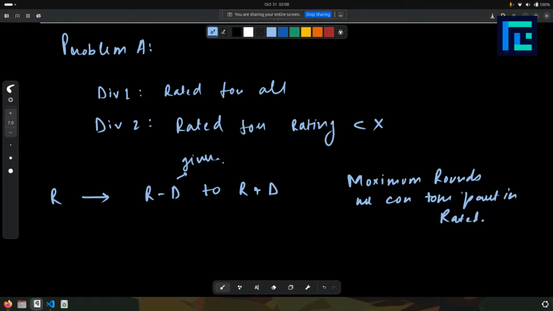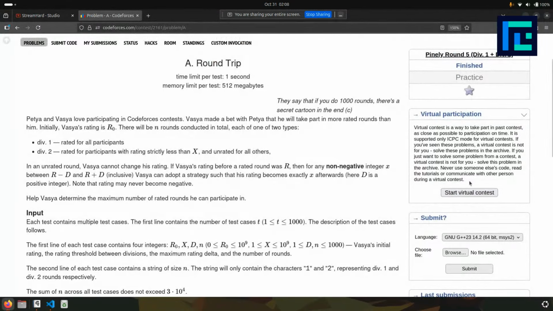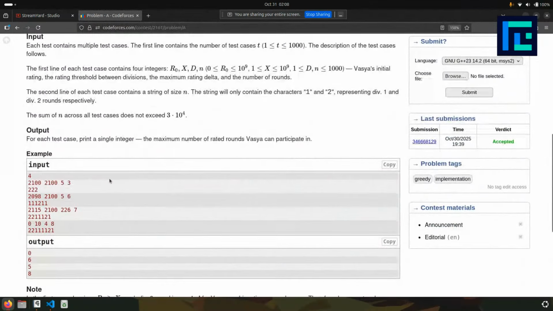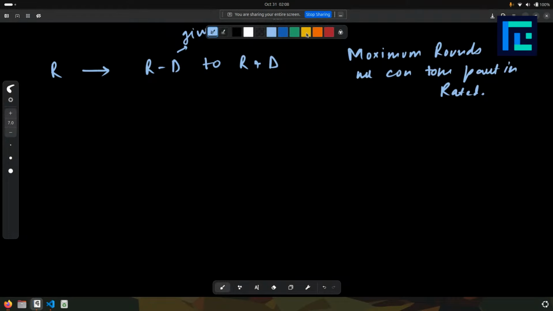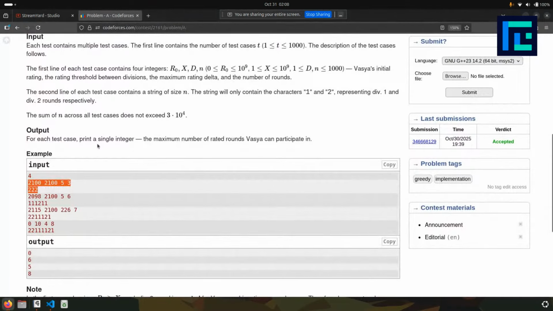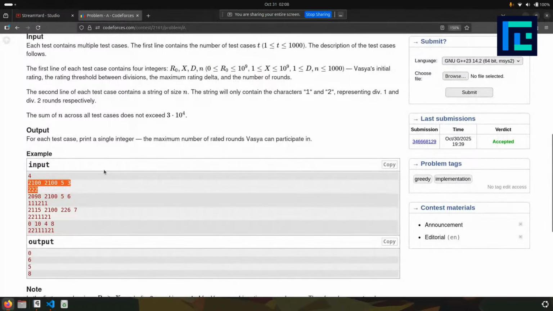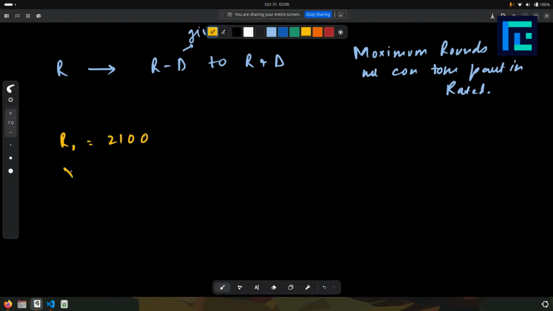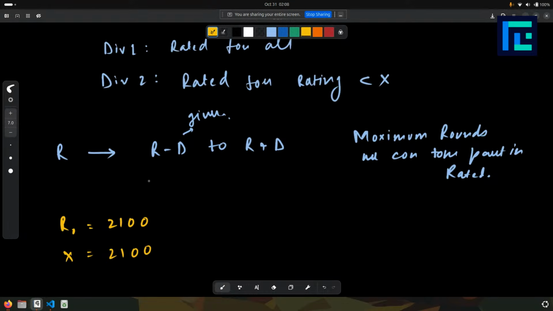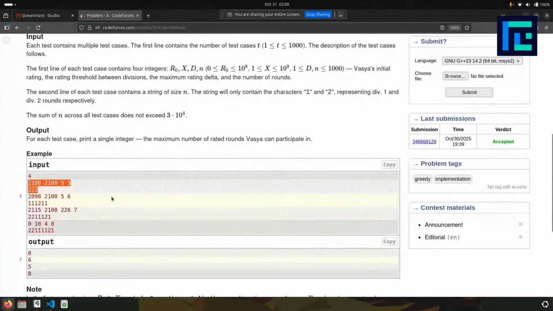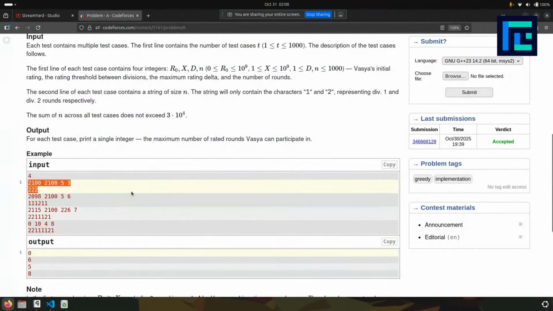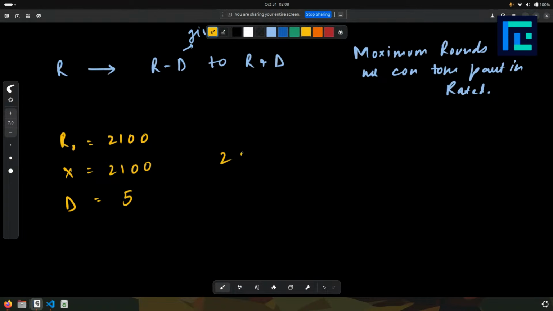So let's see the test cases. First test case, initial rating is 2100, then X is 2100, and D is 5, and the rounds are div 2, div 2, div 2.